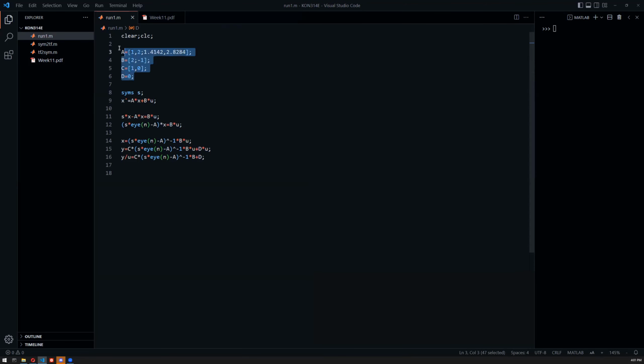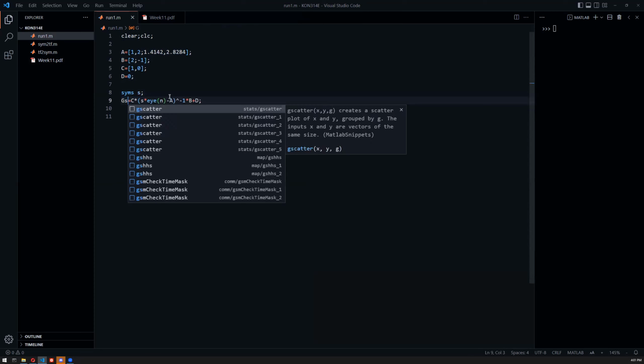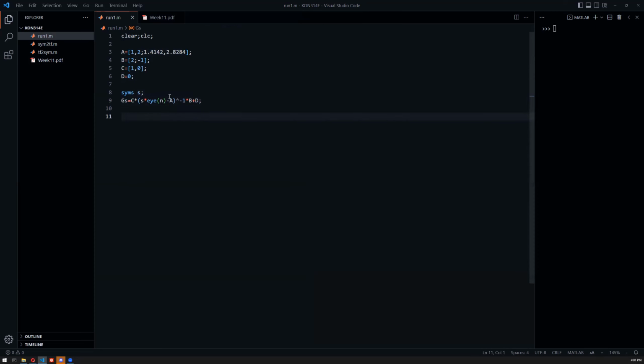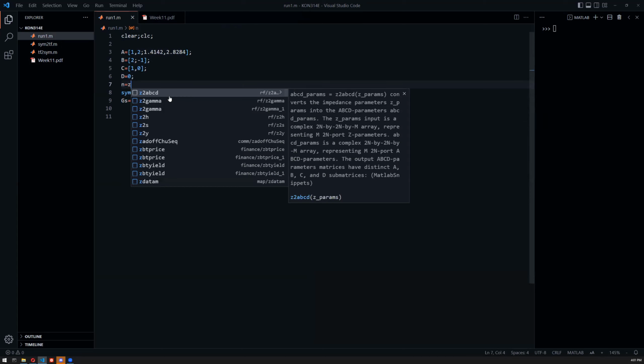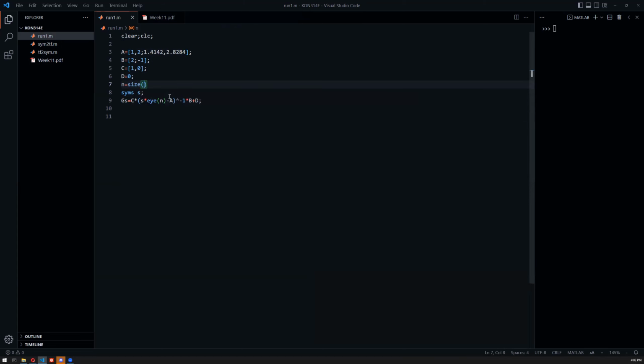Now we have the matrices here. I'm just going to get rid of this whole thing here, and I'm going to call this GS. And we know what n is. n is going to be size A,1 or A,2. It doesn't really matter, because A is a square matrix, I can just use any dimension of size A. The size of A is basically a two-dimensional thing here.